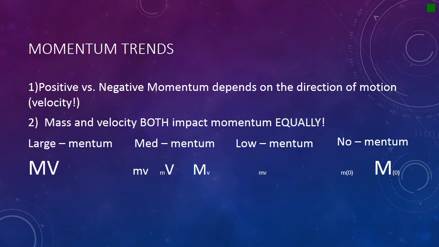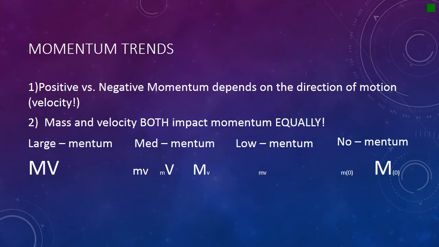A medium momentum can be a mix of medium mass, medium velocity, or you could have a small mass and a greater velocity, or you could have a great big mass and a small velocity. So, in terms of a great big velocity and a small mass, maybe think of a bullet. In terms of a large mass and a small velocity, maybe think of a train rolling slowly.